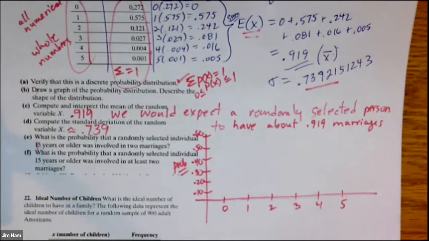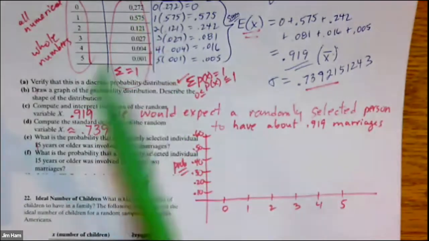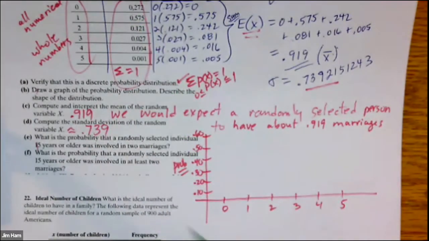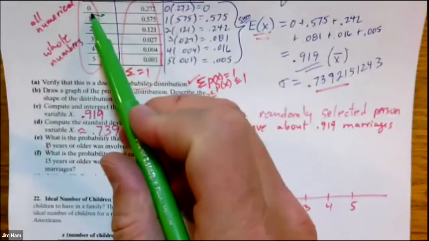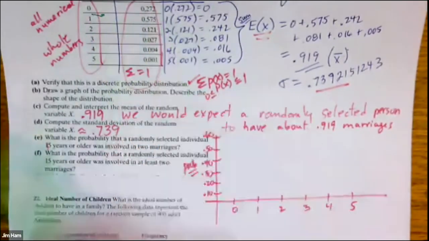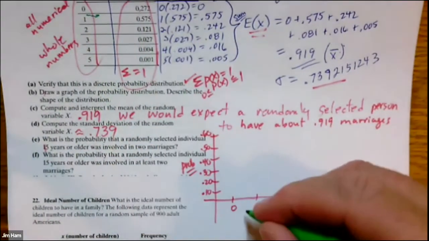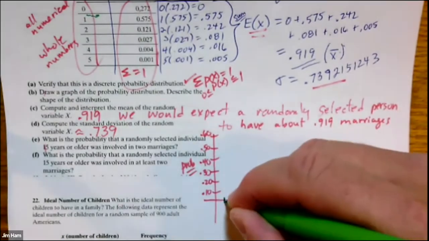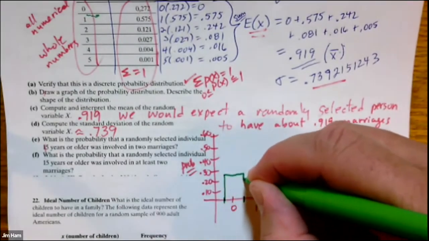And then just draw a bar that's equal to the probability. So for 0, we have a probability of 0.272. 0.272 would go up to about right there.